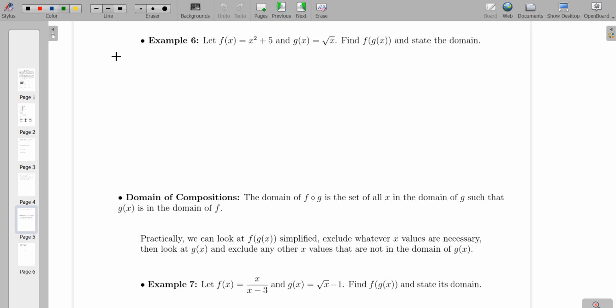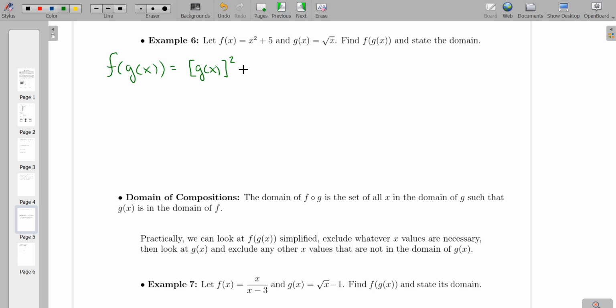As far as the algebra of this is concerned, finding f of g of x shouldn't be too tricky for us because we can see that f is simply x squared plus 5. And so I'm replacing wherever I see an x with g of x.